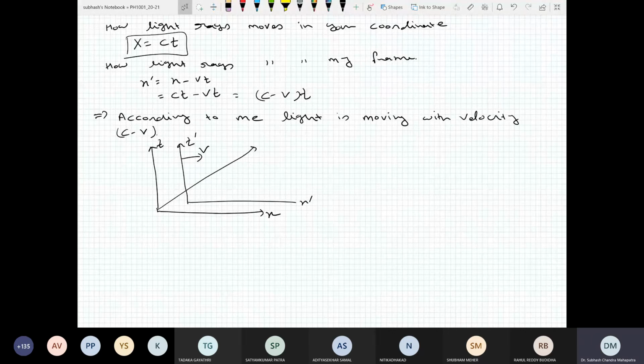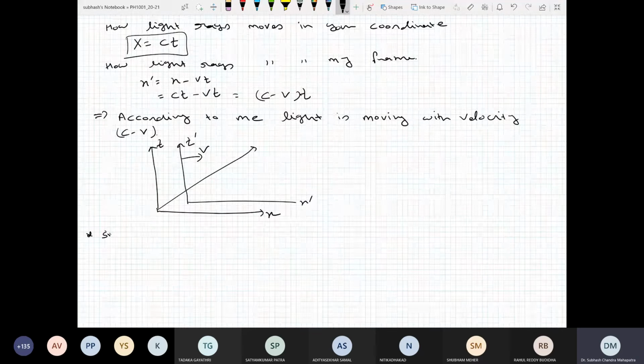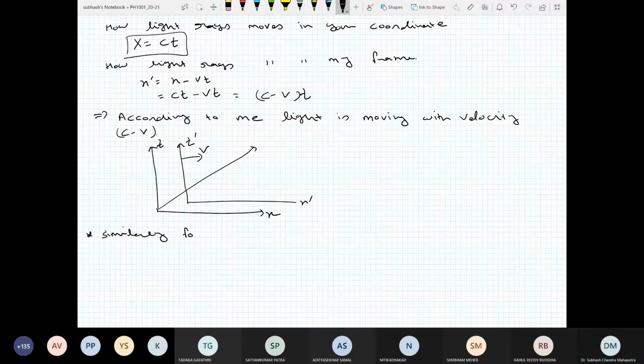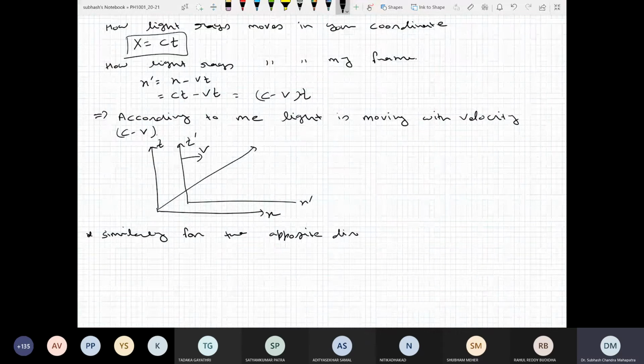Similarly, let me send light in the opposite direction. You send the light in the opposite direction.